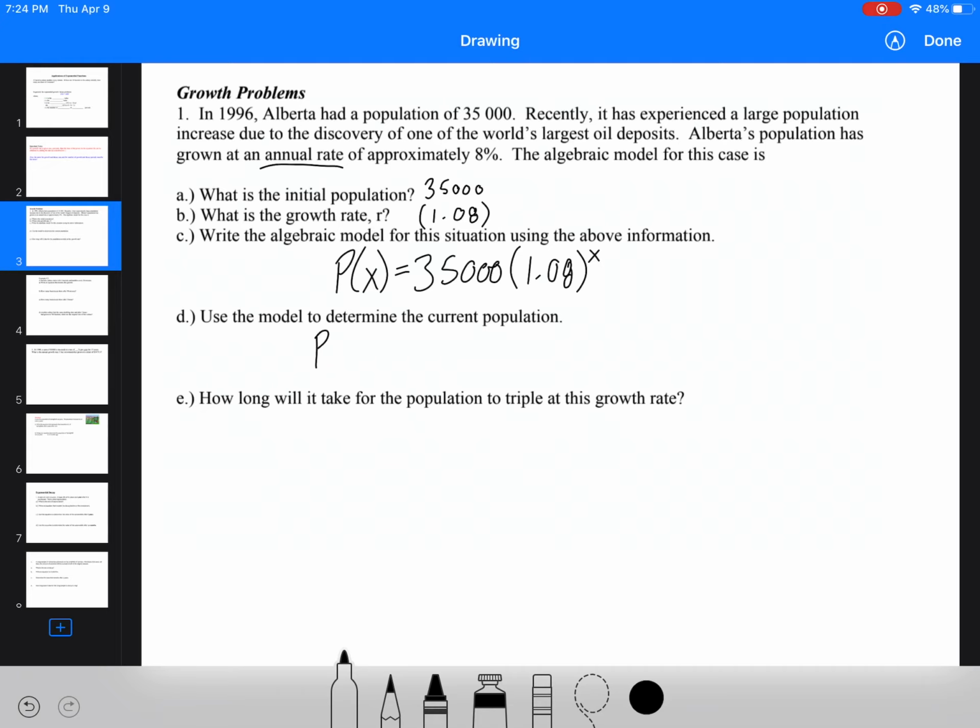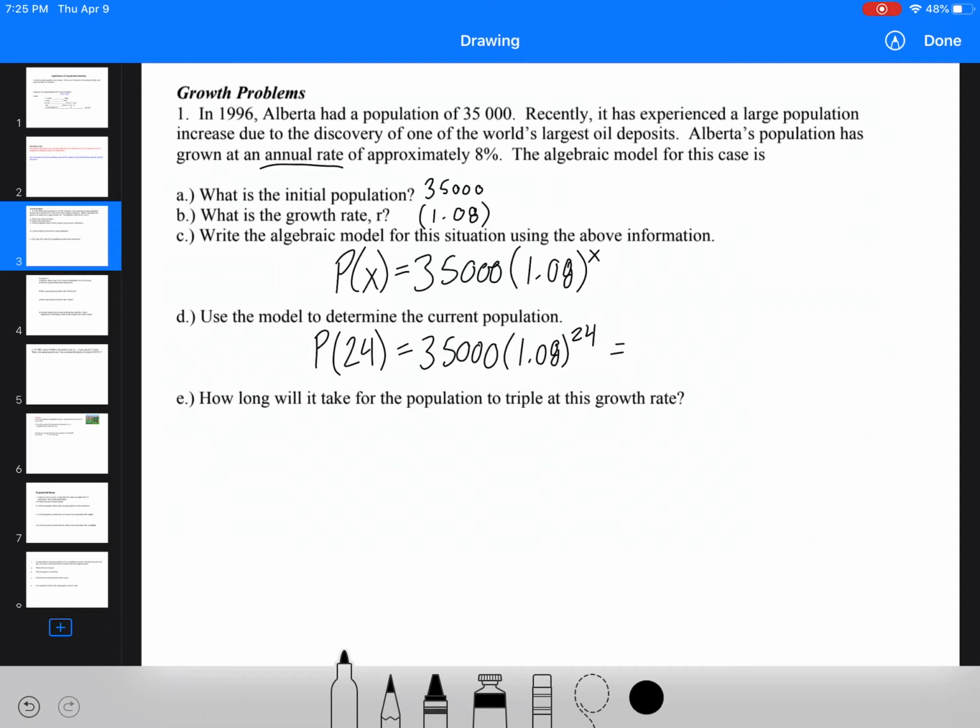So use this to determine the current population. Well, we're going to have P of, now we're in 2020. So 2020 minus 1996, because that's going to give us our original year, it's going to be 24 years. So we're going to have 35,000 times 1.08 to the 24.